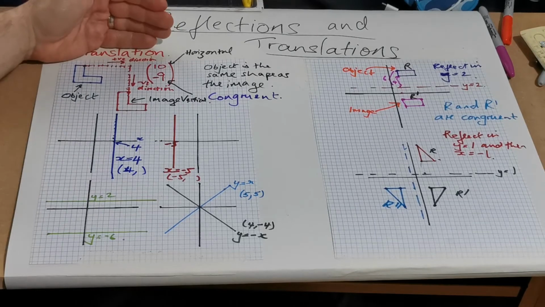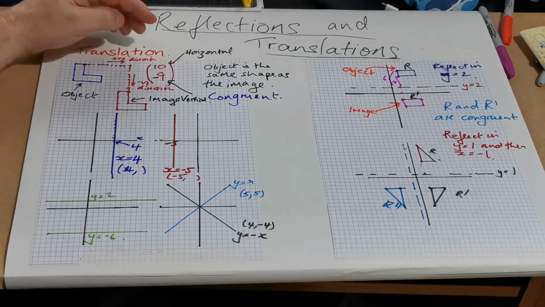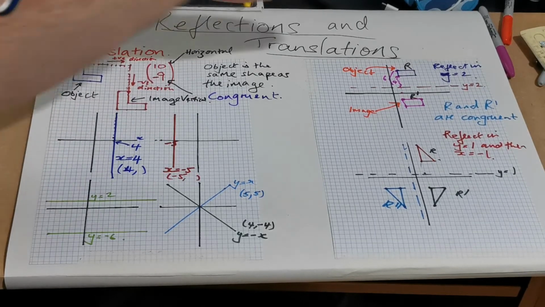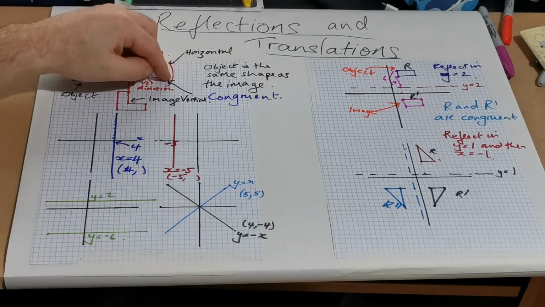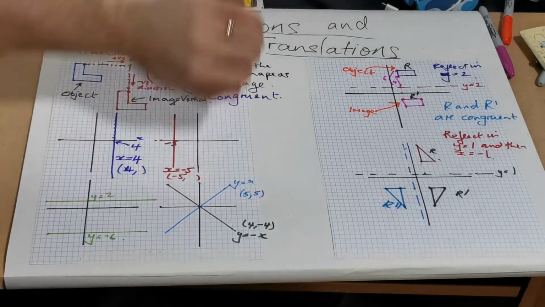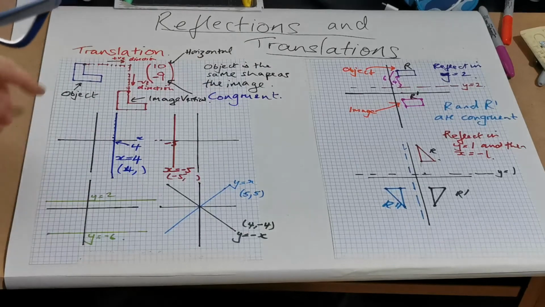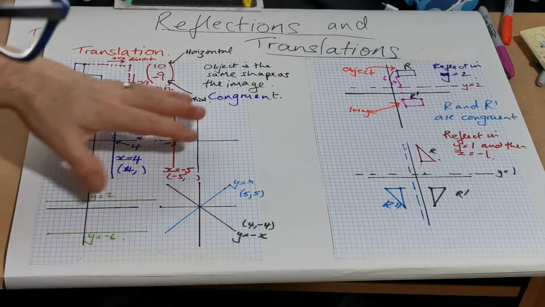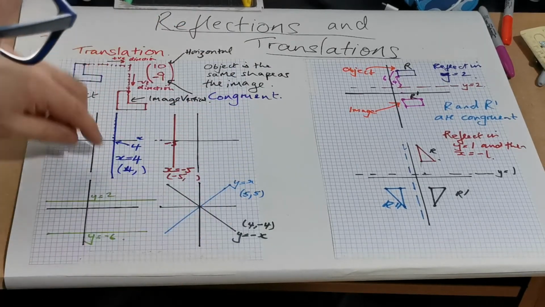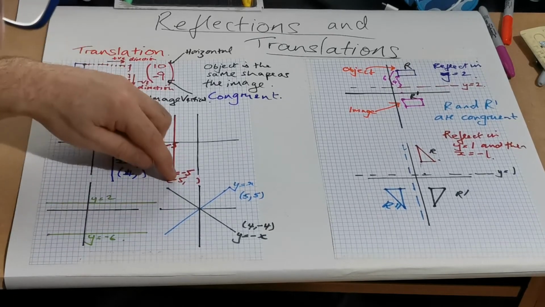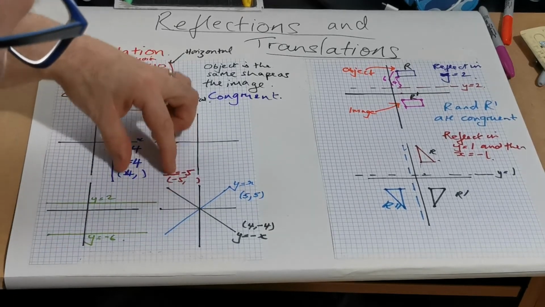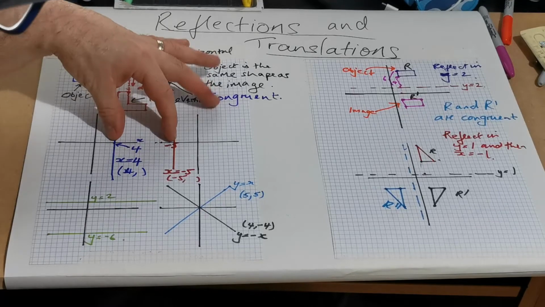First of all, translation, horizontal figure on the top, positive, negative, vertical figure on the bottom, positive, negative. When we're looking at lines on graphs, vertical and horizontal lines, an x equals line is a vertical line crossing the x-axis at what it's equal to.